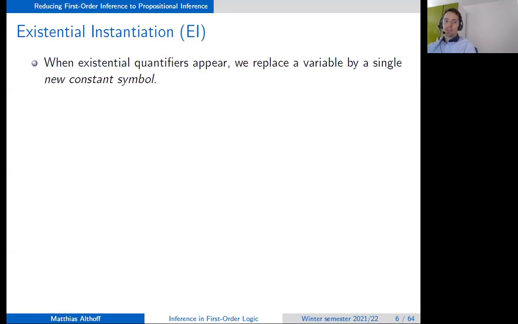Do we have to take care of something when we do the substitution? Essentially, we can do the substitution only once, because existential quantification could mean that there's only one case for which the formula holds.